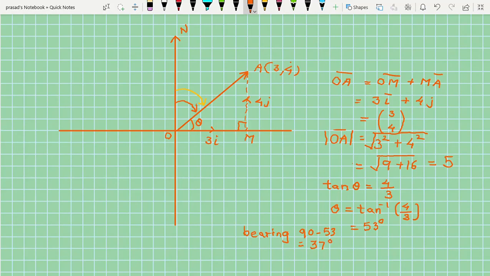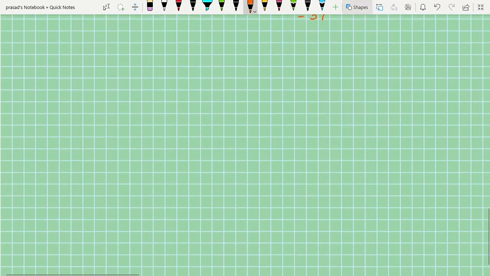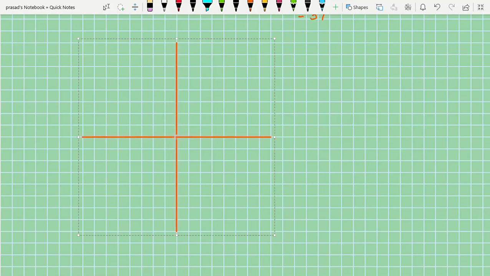Let us take one more problem on this. So let us consider one more vector. Now suppose in this case the vector is in the second quadrant.